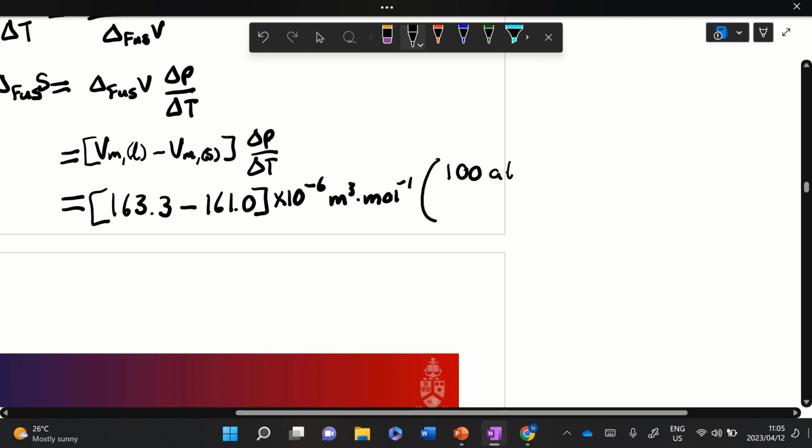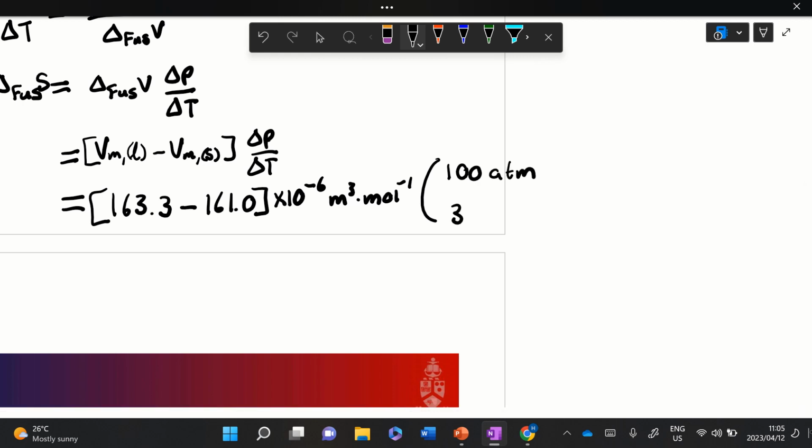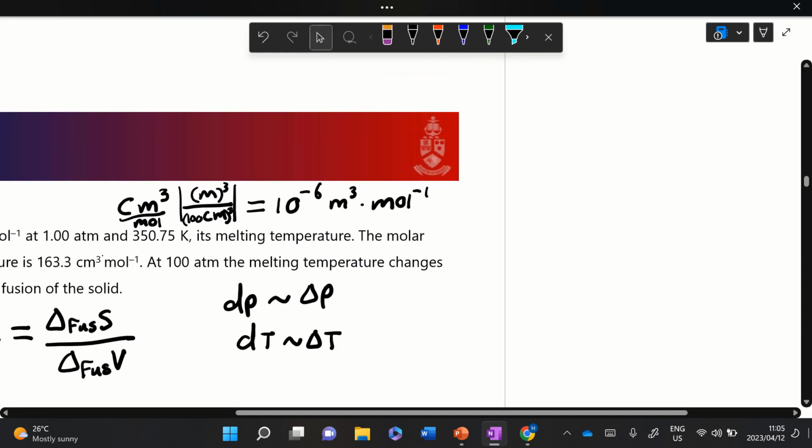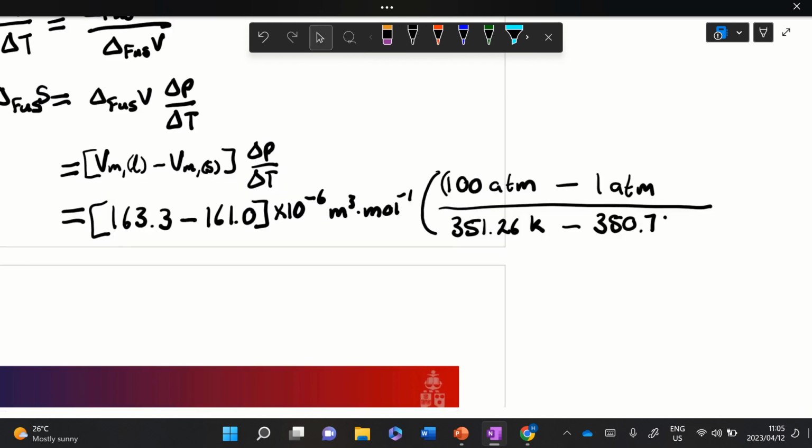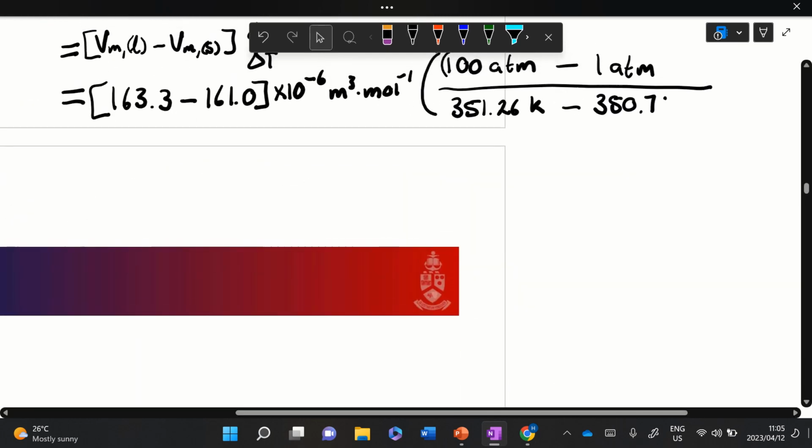And then 1 atmosphere is the other melting point, which is 350.75 Kelvin.